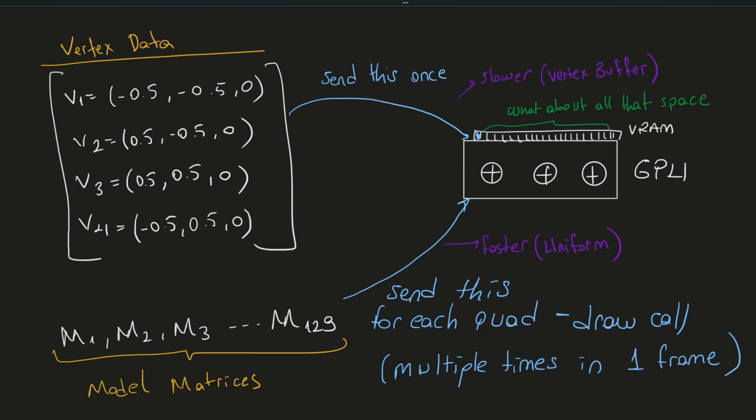They are faster compared to sending vertex data through a vertex buffer, so they don't hurt our performance that much, and they are a valid way to transfer data. We send a model matrix for each quad that we want to draw since we don't want them all to be at the same position, rotation and scale. Then, at each frame, the GPU takes the vertex data, which is static for each draw call, multiplies it with the model matrix, which changes at each call, and draws it to the screen.